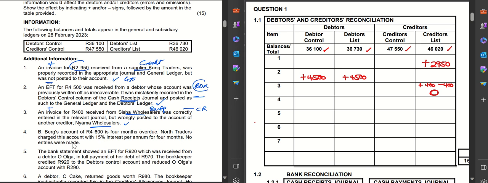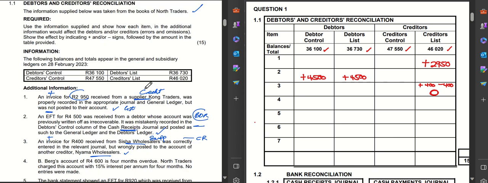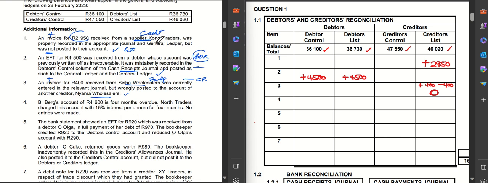North Traders charged this account with 15% interest per annum for the 4 months. No entries have been made. You have to understand again, when we began, who are we? North Traders, this is us. So when you read this transaction, it will make sense. When you say B-Bag's account of 4,600 is 4 months overdue.